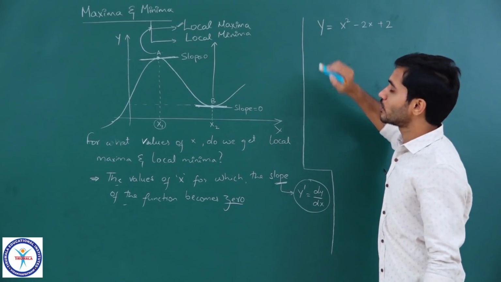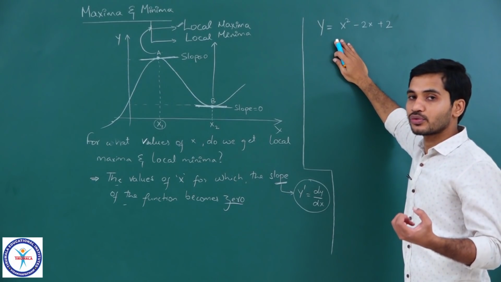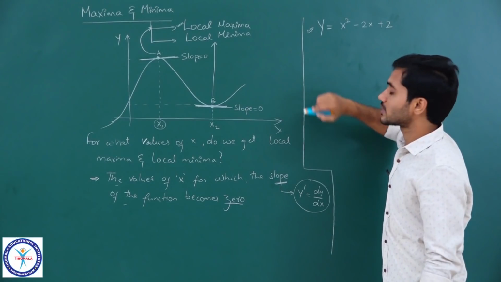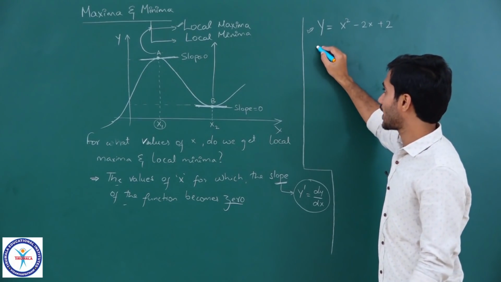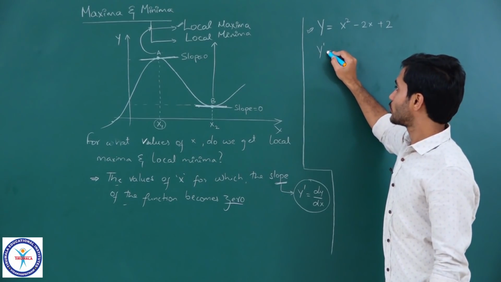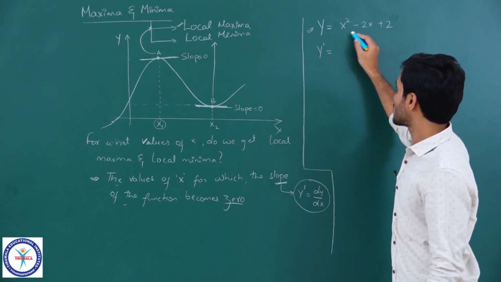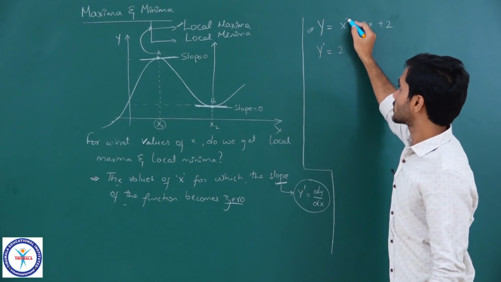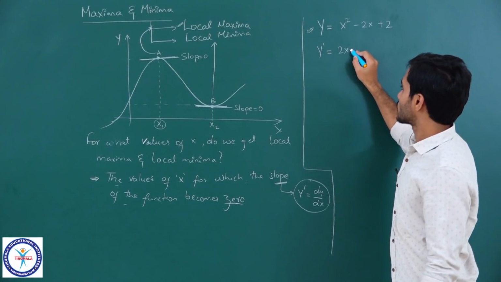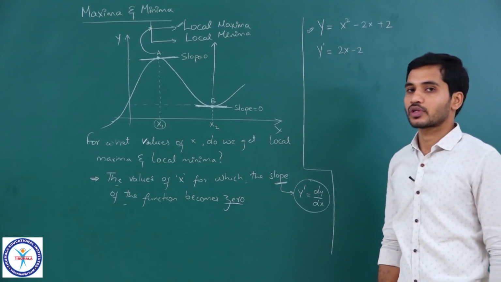Now, if I ask you where this function reaches the minimum or maximum value, the idea is very simple. First, differentiate the function, which will give us the slope of the function. Differentiating this, the derivative of x square is 2x, the derivative of minus 2x is minus 2, correct, and the derivative of the constant is 0, done.